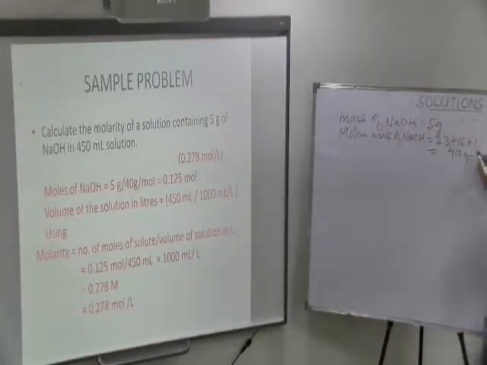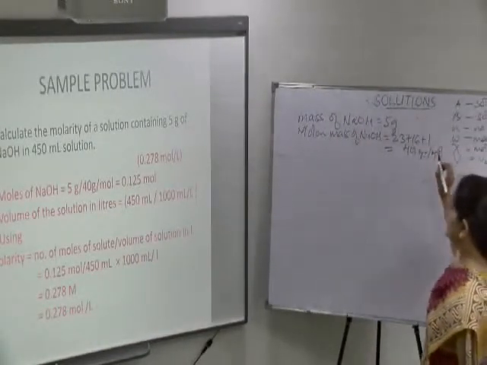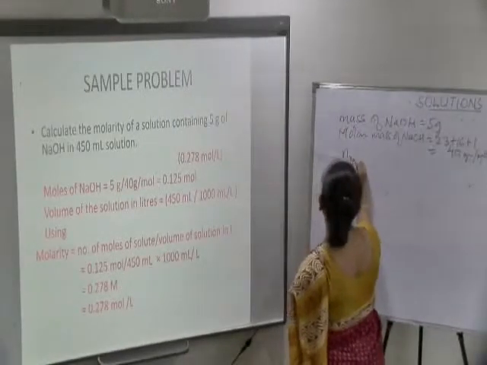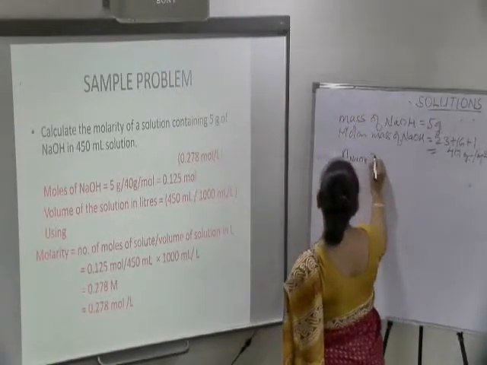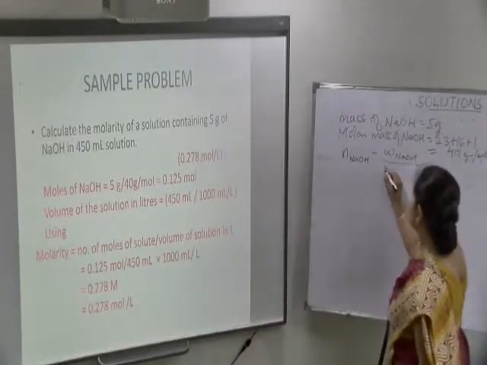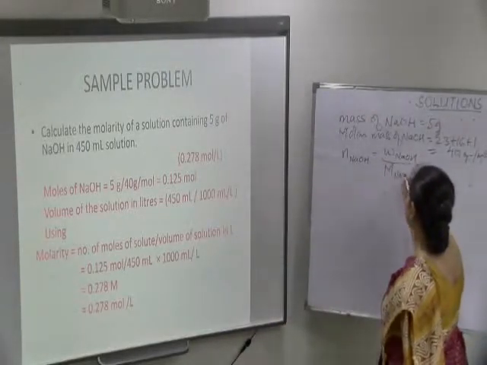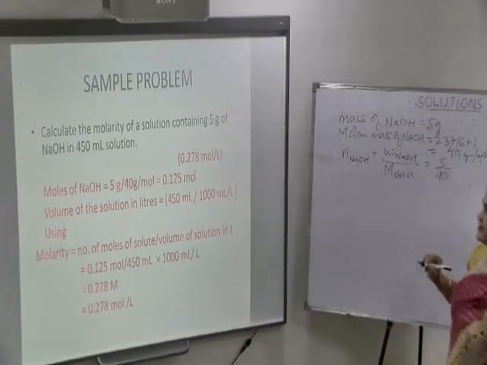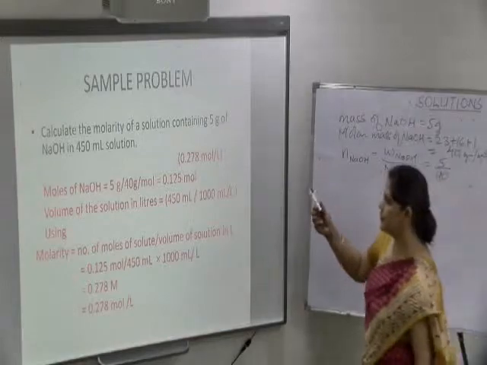so it comes out to be 40 grams per mole basically. Now, once you know the mass and the molar mass, you can calculate the number of moles of NaOH, which is the given mass of NaOH divided by your molar mass of NaOH, and this will be 5 divided by 40. That is what I have written over here.